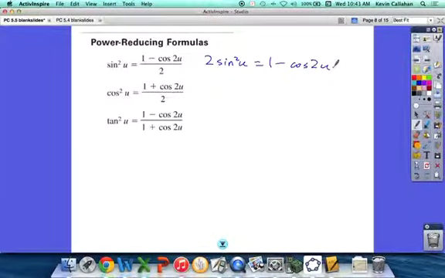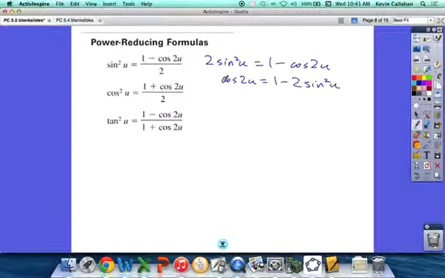And then if I solve for the cosine of 2u, it's going to be cosine of 2u equals 1 minus 2 sine squared. So this is just a rearrangement of the double angle formula for cosine.